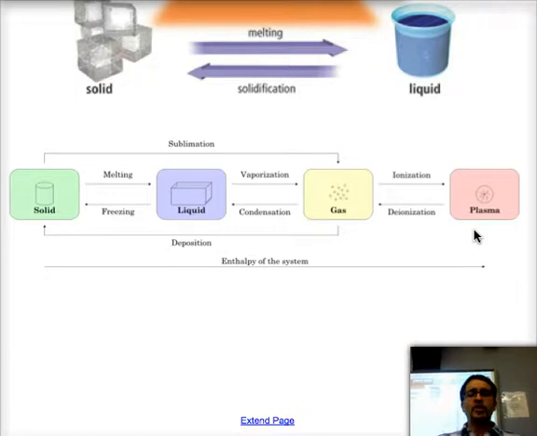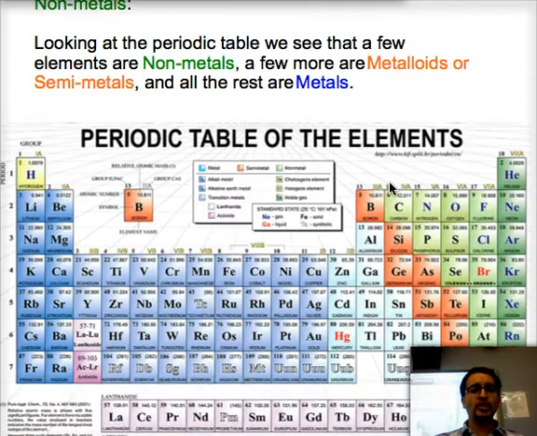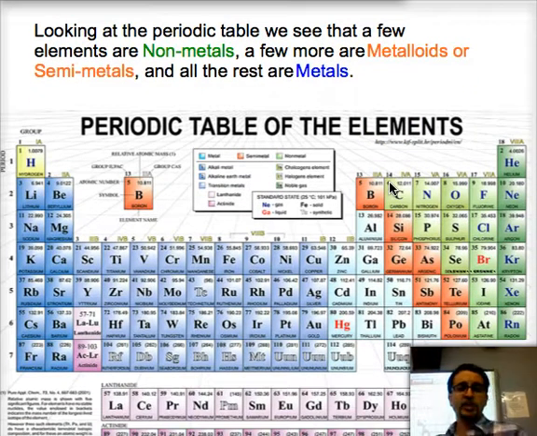Okay, so now there's a second way we can classify matter, and that could be classifying elements into metals or nonmetals.